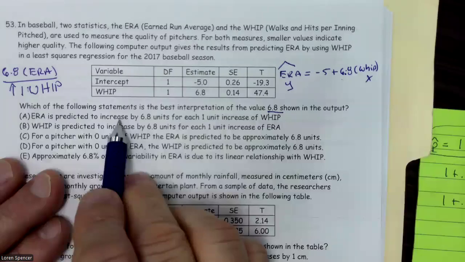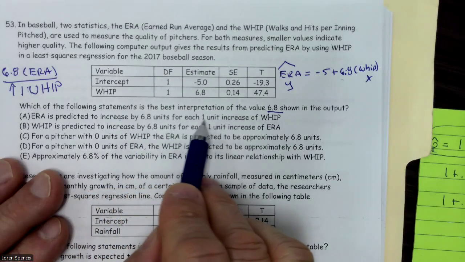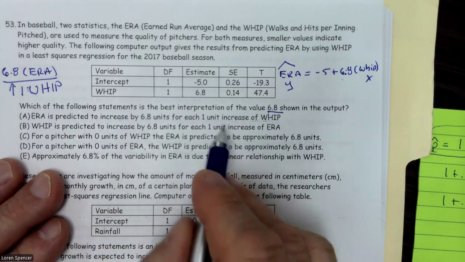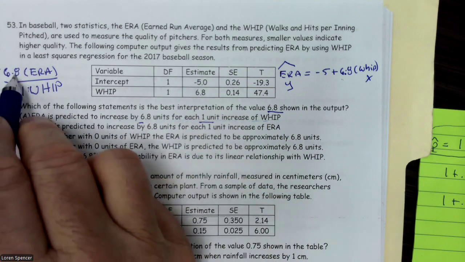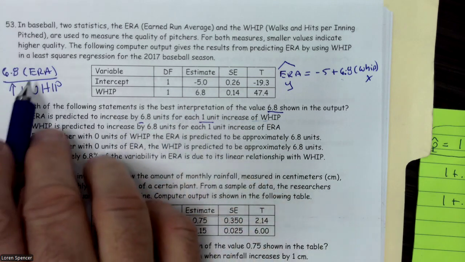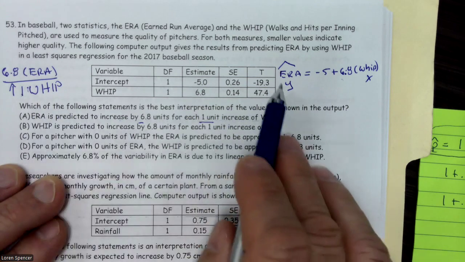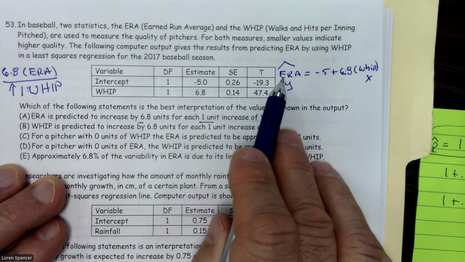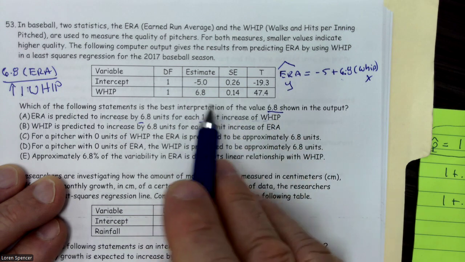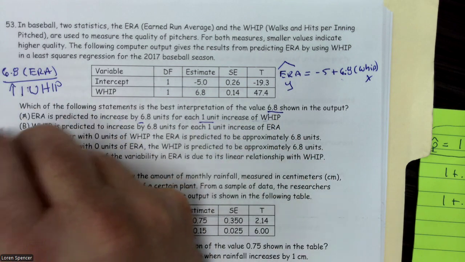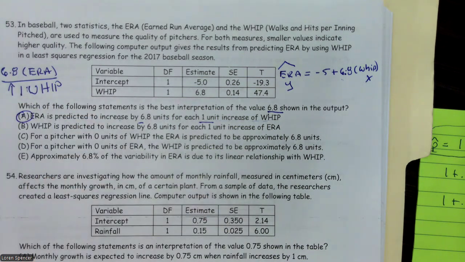So ERA is predicted to increase by 6.8 units for each unit increase in WHIP. And that's 6.8 over 1. So 53 is A. All right, 54.